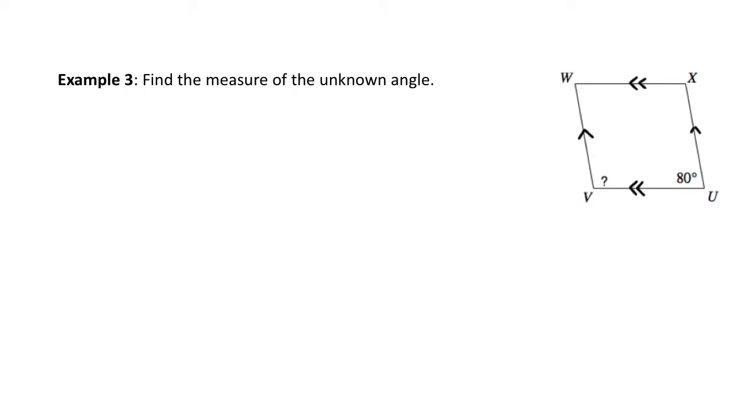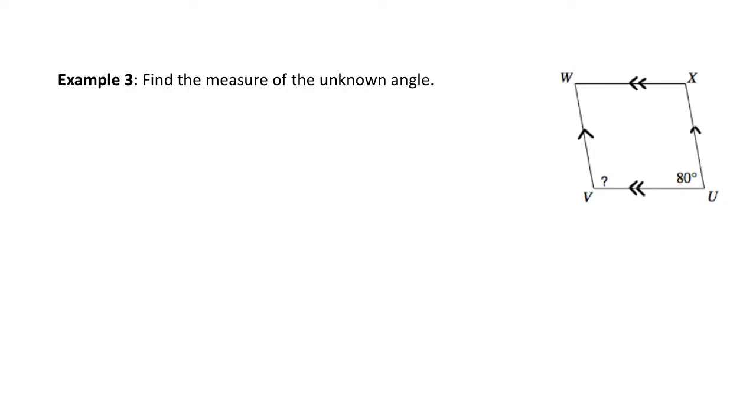In our next example, we have a parallelogram. I know this is a parallelogram because of the markings on my 4-sided shape. These arrowheads represent the direction of the line segments. Line segment WX is marked with 2 arrowheads, and line segment VU is also marked with 2 arrowheads, which signifies that these 2 line segments are parallel.